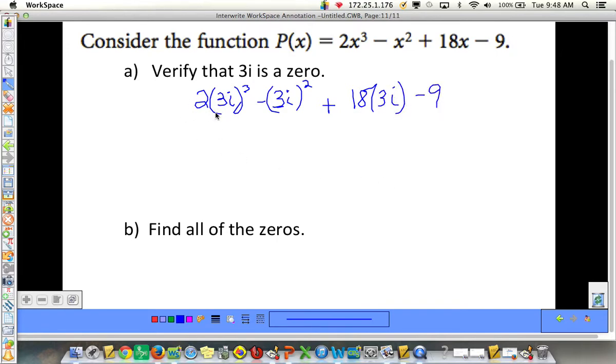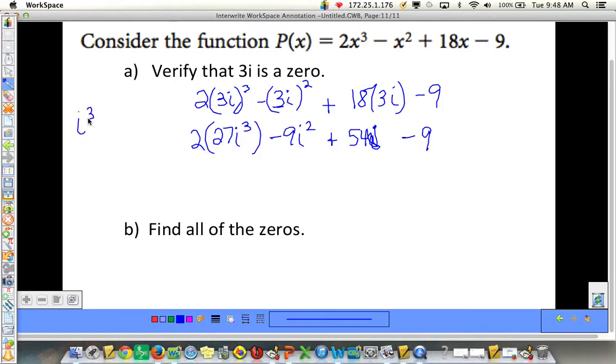Okay, so if you simplify, 3i to the third power is 27i cubed. 3i squared is 9i squared. 18 times 3i is 54i. And minus 9. Okay, so we need to simplify this i cubed.